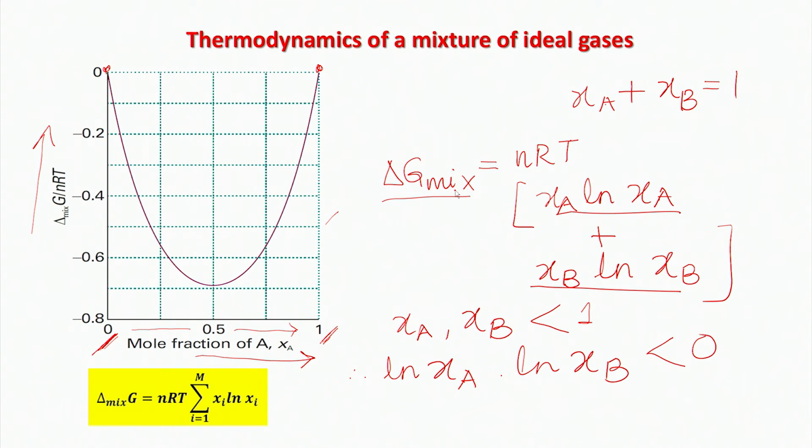And therefore, delta G mixing is going to be less than 0 for all values of Xa and Xb less than 1. So that is exactly what has been shown here. So obviously you do expect a negative value of delta G mixing irrespective of which composition of the mixture I am at, provided Xa and Xb, none of them is equal to 0.